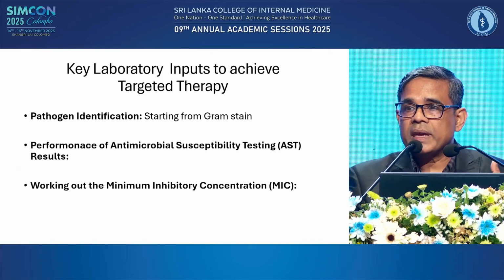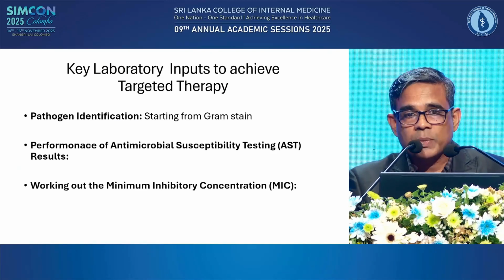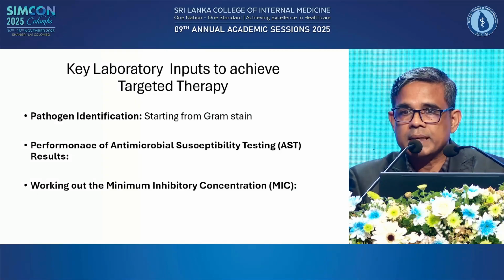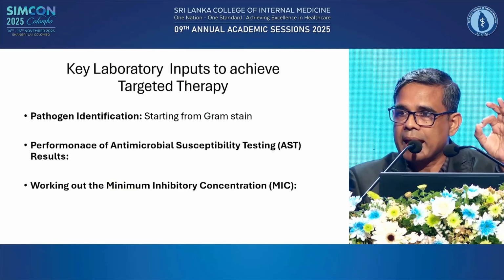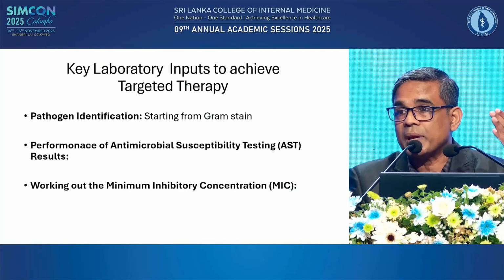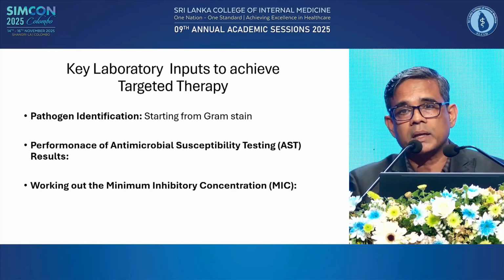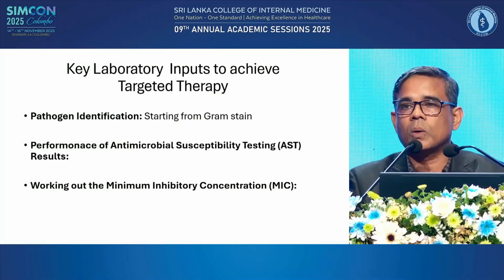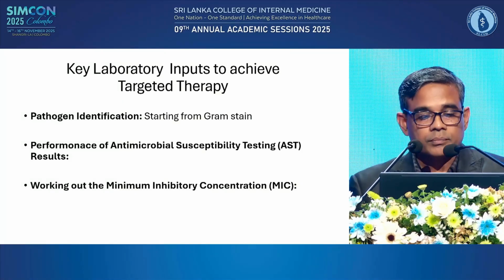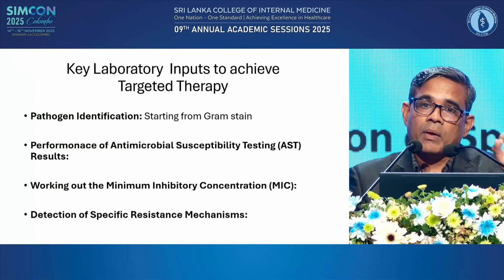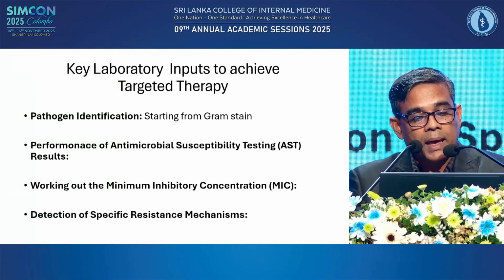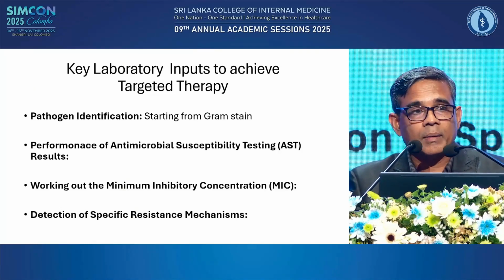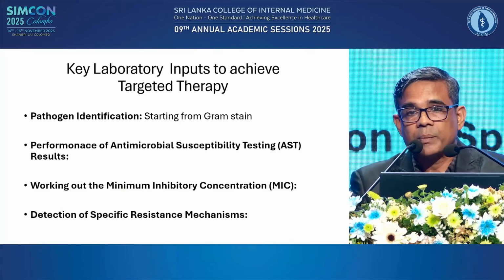And then we can provide you what is known as the minimum inhibitory concentration. The minimum inhibitory concentration is the value that the lab can provide, so that you can decide on what antibiotic, what dose, and what way you are going to treat the patient. Also, we can help you by identifying specific resistance mechanisms, especially for these new resistant gram-negative organisms.